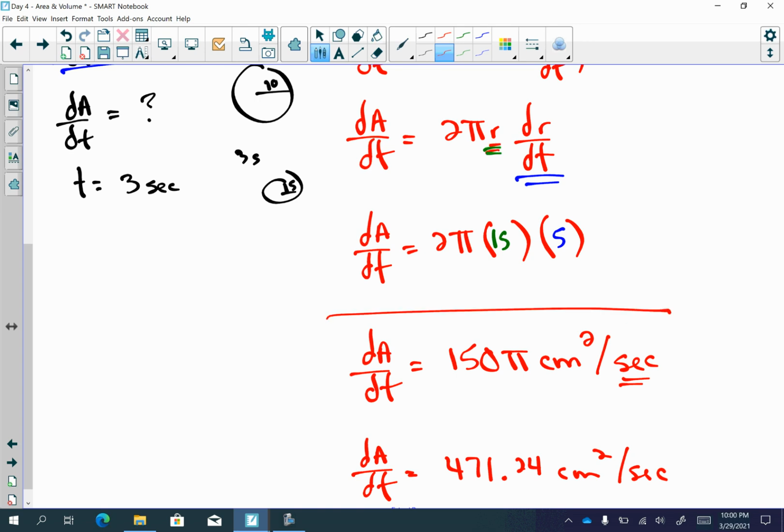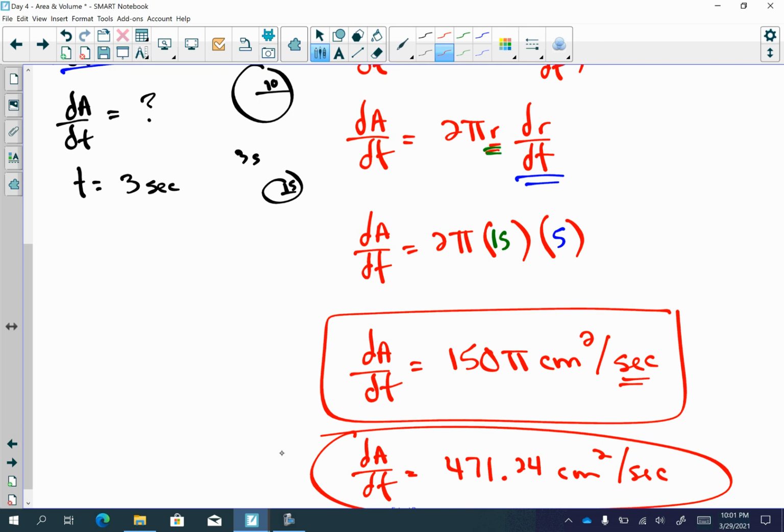I mean, this is nice. We don't need a calculator to figure that out. You can just leave our answer as 150 pi centimeters squared per second. This down here probably makes a little more sense to most people: 471.24 centimeters squared per second. A lot of textbooks might show this answer here. I'll accept either.